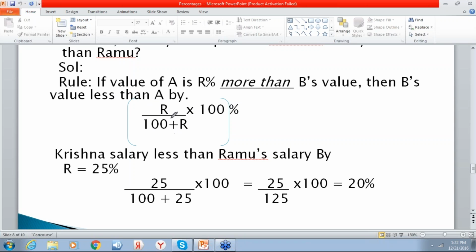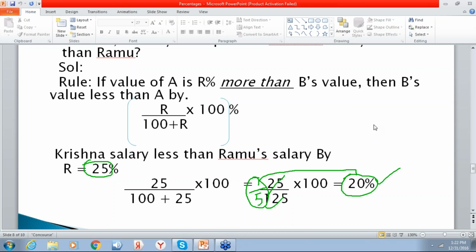Here the keyword is more than. With the help of this rule, we can solve the problem. Here R is 25%, so 25 by 100 plus 25 into 100 gives you 25 by 125, which is equal to 1 by 5. If you remember the fractions and their percentages, you can directly solve this question. 1 by 5 is equal to 20%.